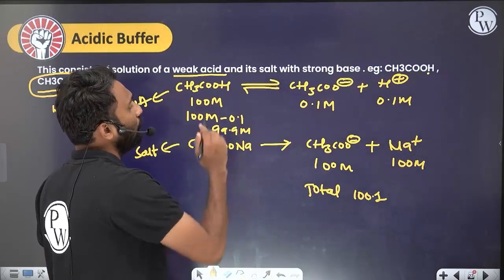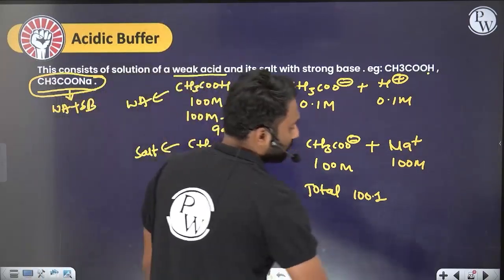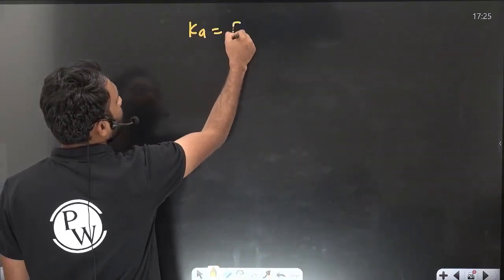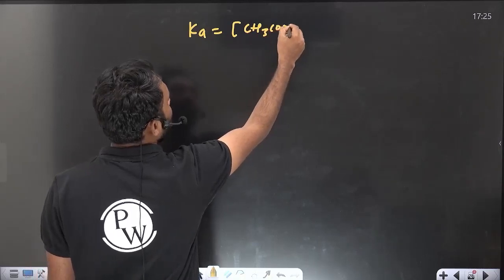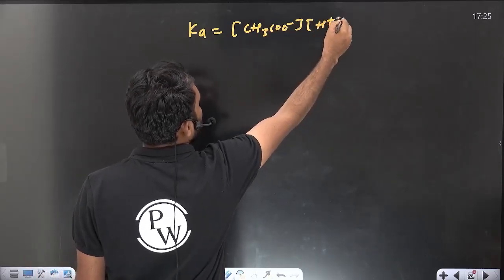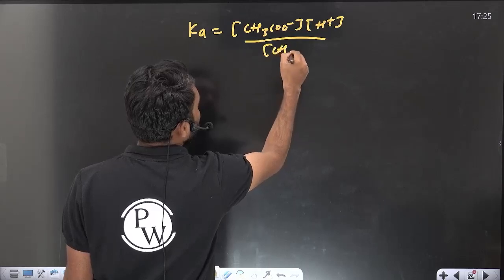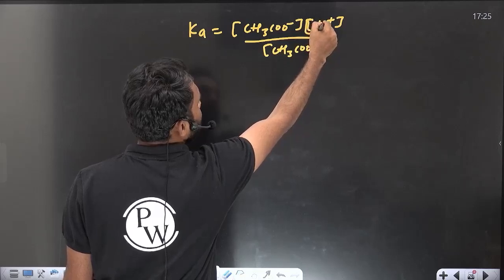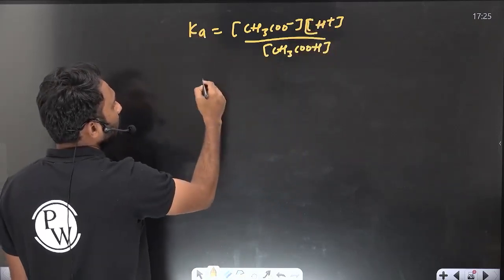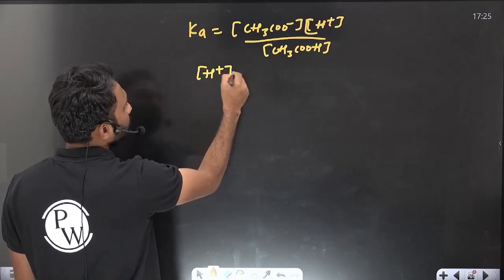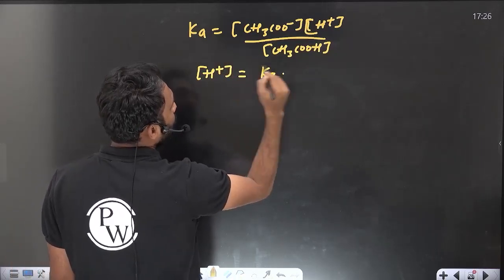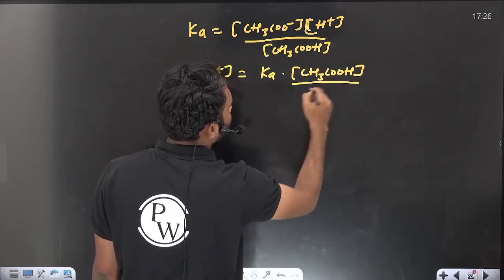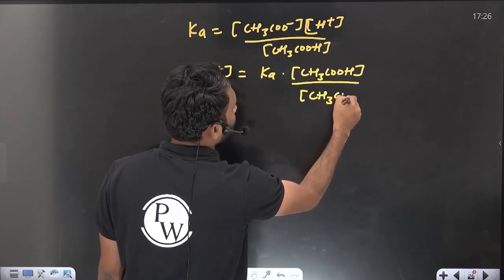Now we'll find the pH for this one. First, what we need to do: Ka is equal to concentration of acetate ion times concentration of H plus by concentration of acetic acid. Now to find pH, first we need the H plus ion concentration. So what I am doing is, H plus concentration is equal to Ka into concentration of acetic acid by concentration of acetate ion.